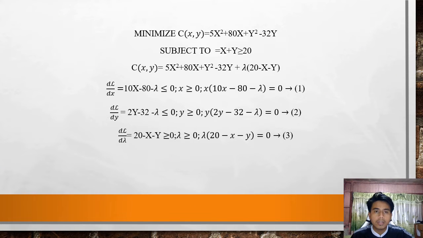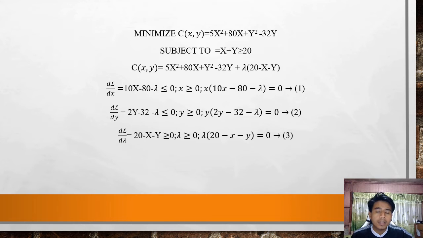Next, the problem can be rewritten as minimize C(x,y) equals 5x squared plus 30x plus y squared minus 32y, subject to x plus y larger than or equal to 20.